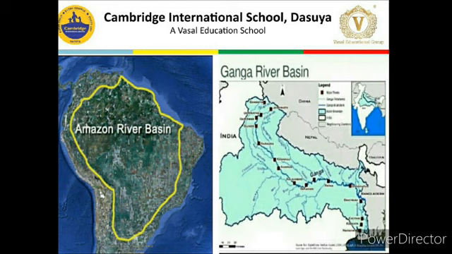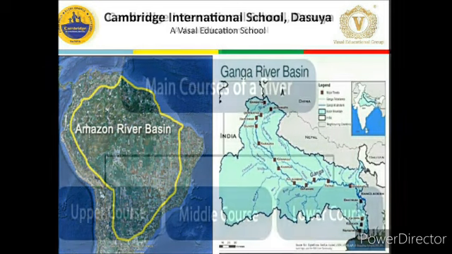And if we talk about India, then that is the Ganga River Basin. Ganga is the river which has the largest area of drainage in India. You can see in the picture both river basins are shown. You can have a moment to look at these.